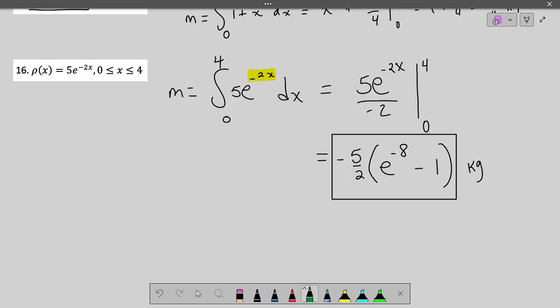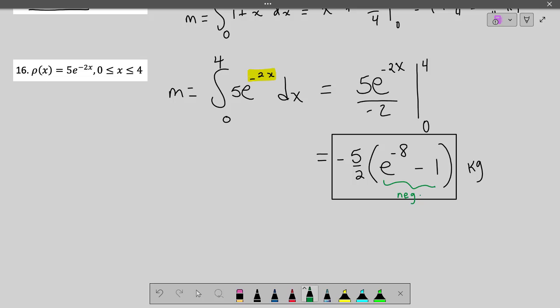So this e to the negative 8, super teeny, subtracting 1, this is in fact negative, right? So we do have mass, we do have a positive number, which is what we would need if we're measuring mass. So just note that it may not look like this is positive, but this factor is negative, that factor is negative, so we do get a positive number. So it passes the sniff test, that we're on the right track.